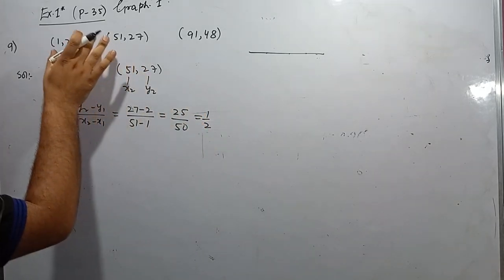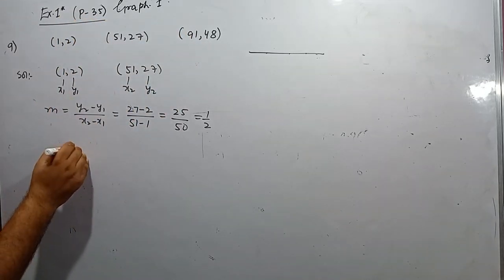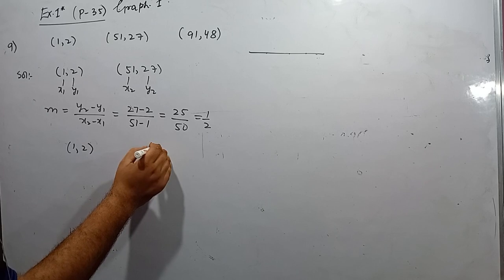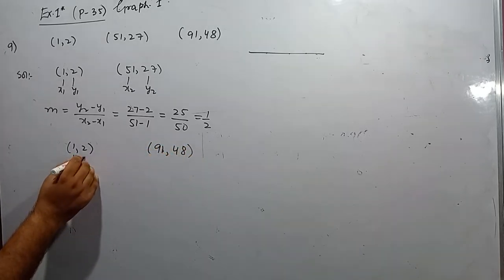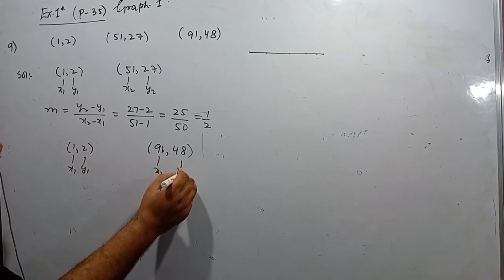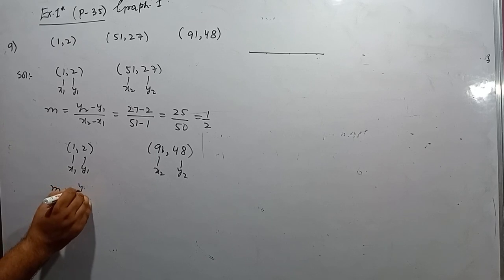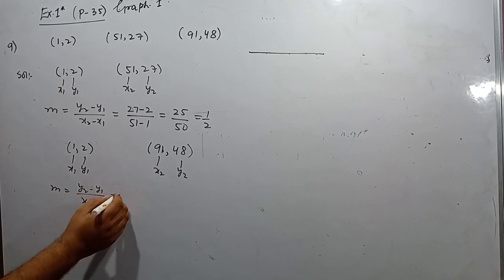Now I will find the gradient between (1, 2) and (91, 48). This is x1, this is y1. This is x2, this is y2. The gradient formula is y2 minus y1 by x2 minus x1. What is y2 here?